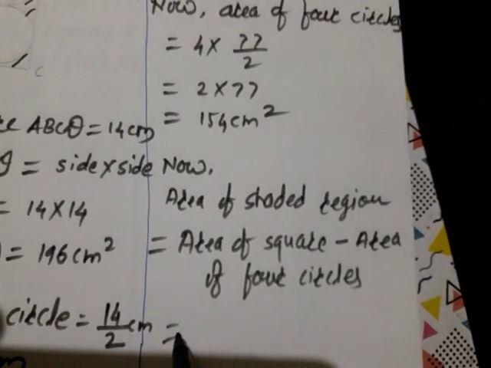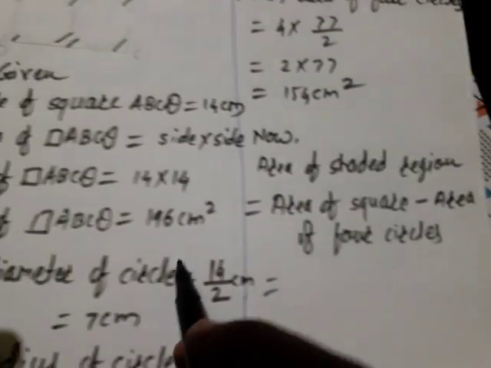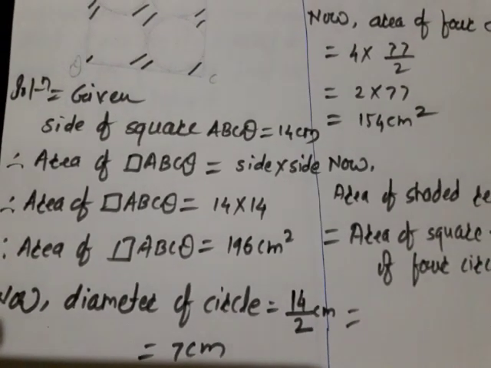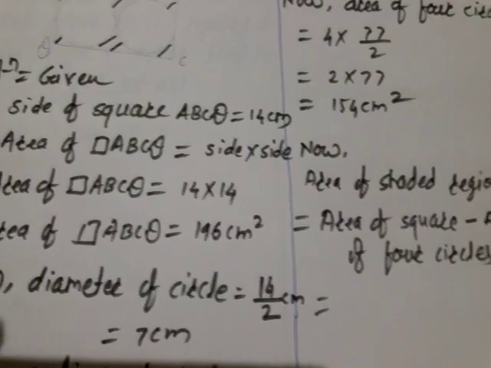Okay, that is equal to area of square. What is area of square? Look here, area of quadrilateral or area of square ABCD is equal to 196.